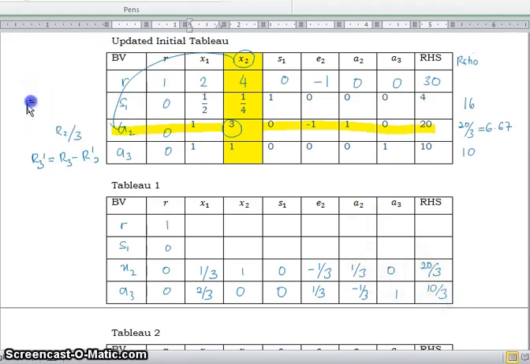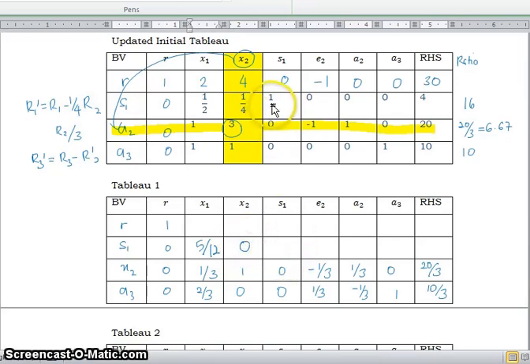Now the ERO for row 1 is row 1 minus 1/4 row 2. For x1, we will get 1/2 minus 1/4 times 1/3. So it is 5/12. Okay, for x2, 1/4 minus 1/4 times 1 equals 0.